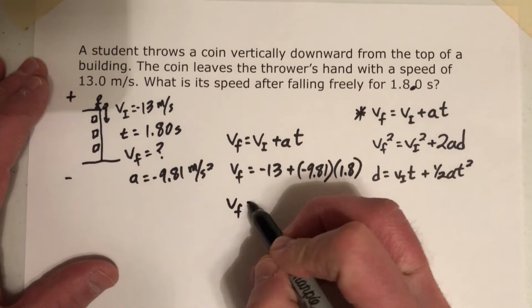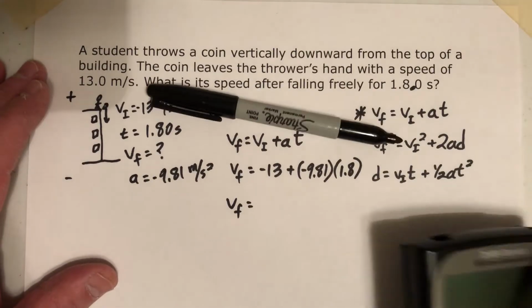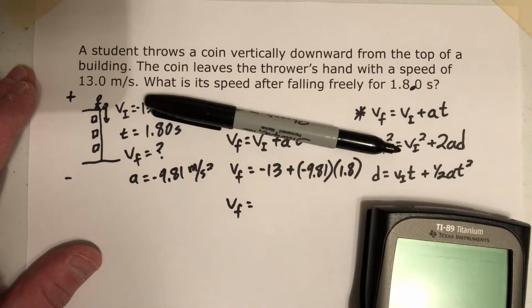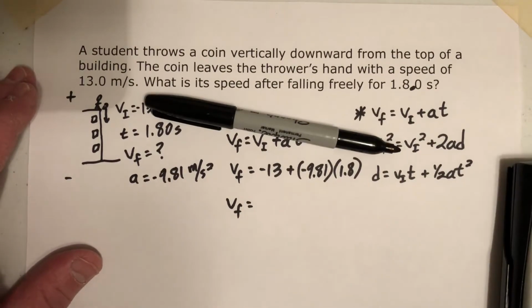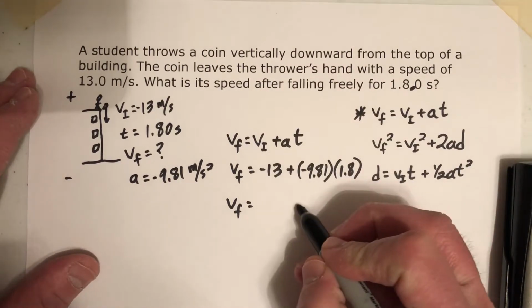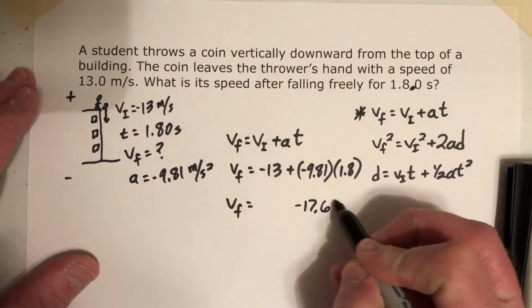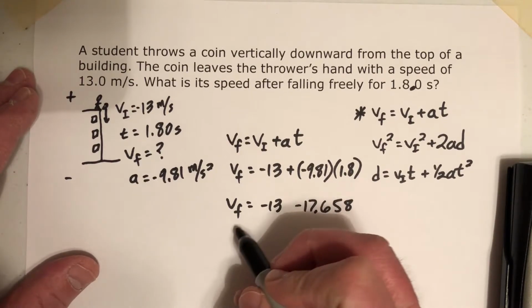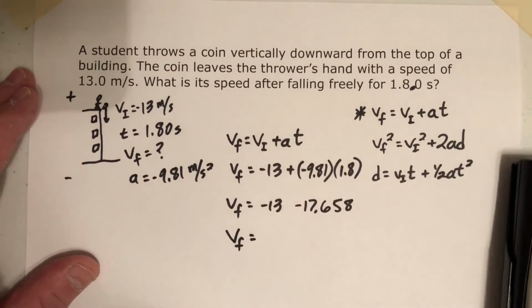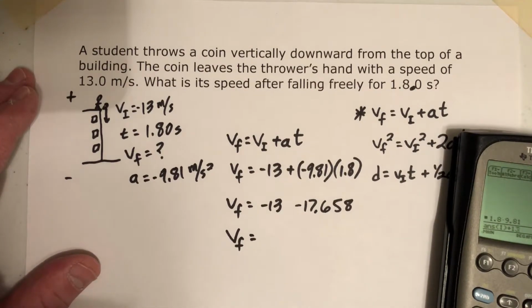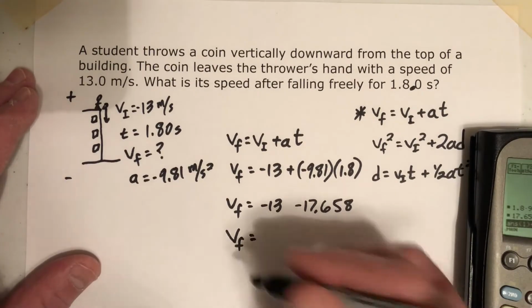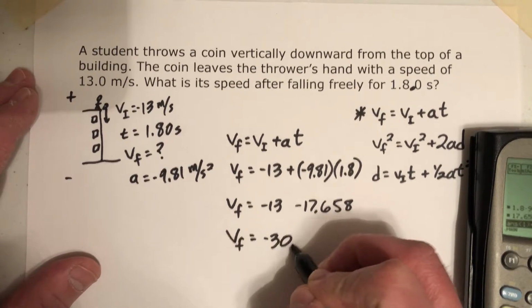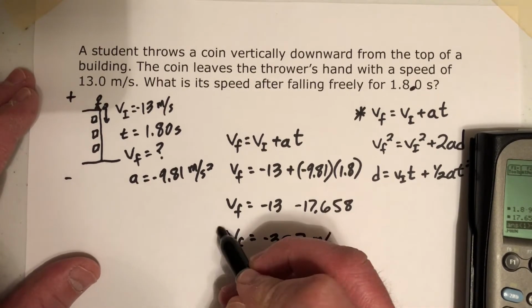So our final velocity is, get our calculator here and do some math, 1.8 times 9.81 equals, it gives me 17, and remember it's negative 17.658, and minus the 13. Okay, so our final velocity then becomes negative 30.7. That'd be meters per second.